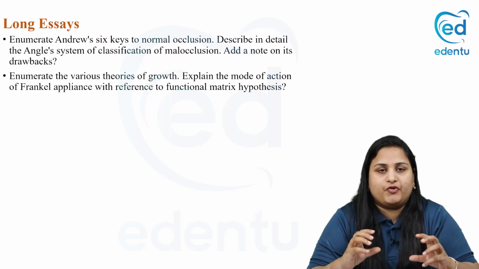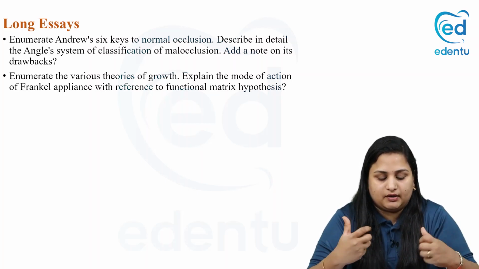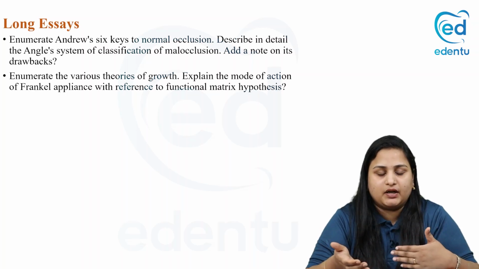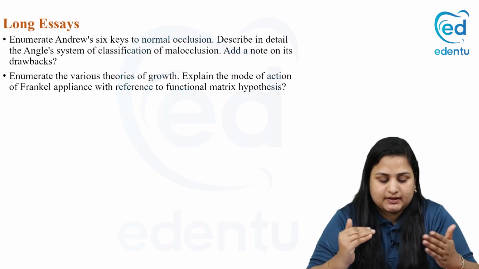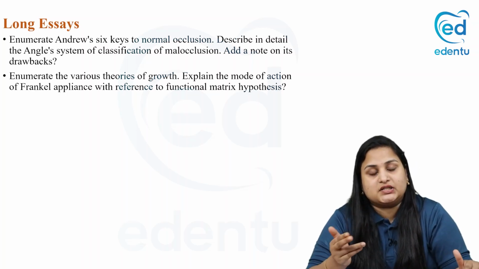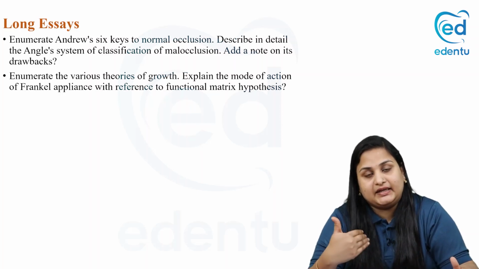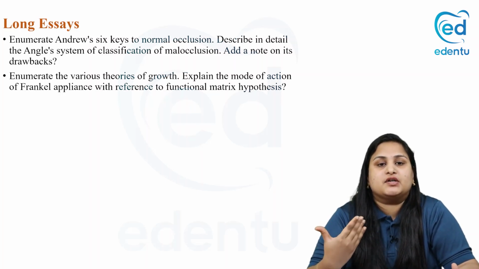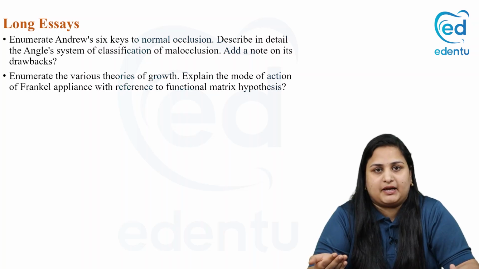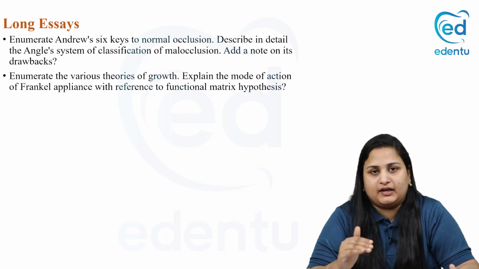It is not very clear from the question itself, but it is indirectly asking you to explain the functional matrix hypothesis in detail along with the functioning of a myofunctional appliance, the Frankel appliance.